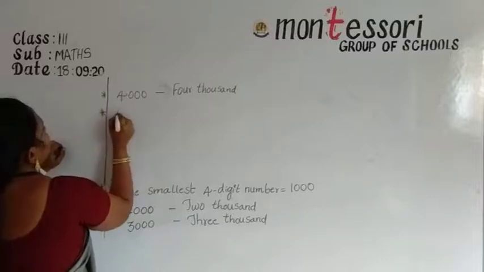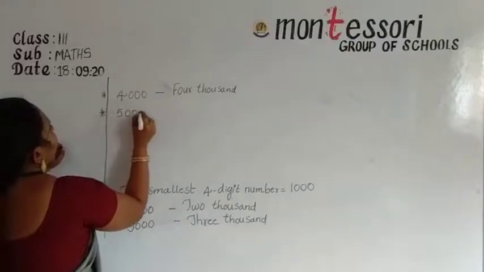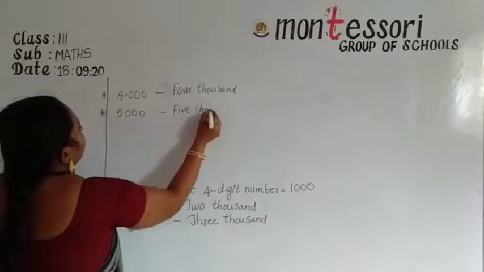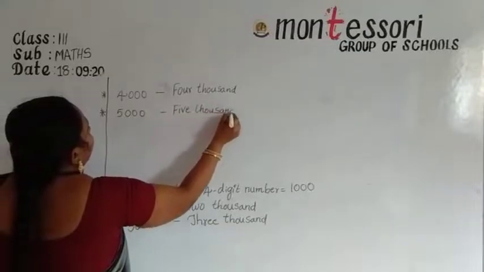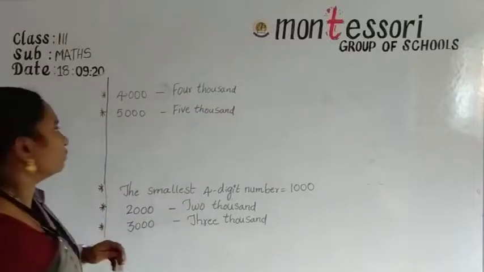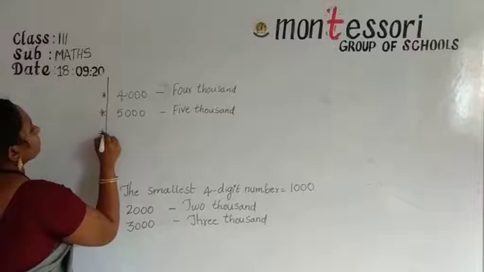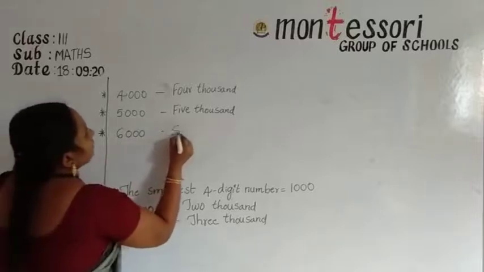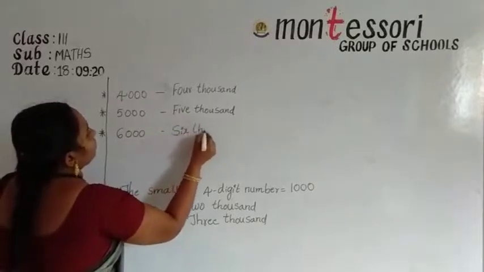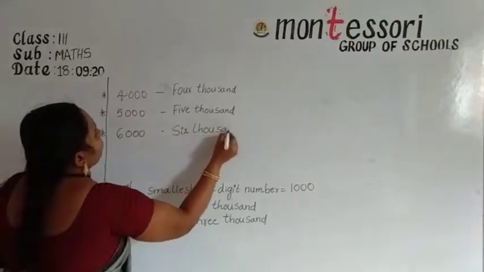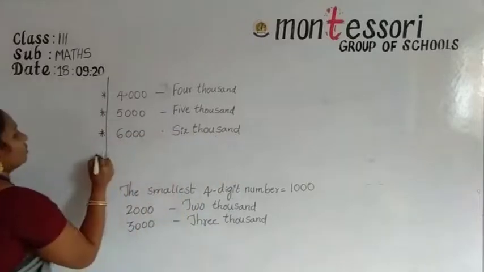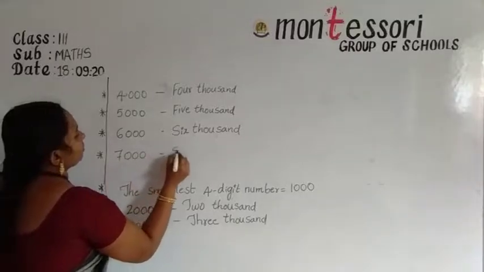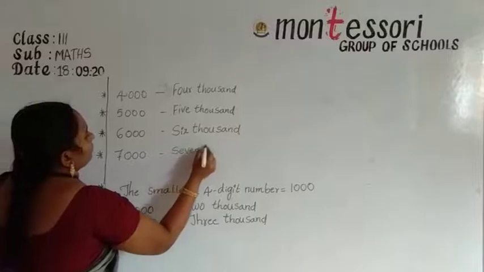Next, 5, 3 zeros, 5000. And next one, 6000. And again 7, 3 zeros, 7000.